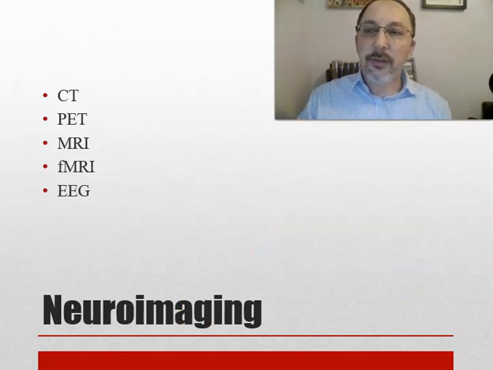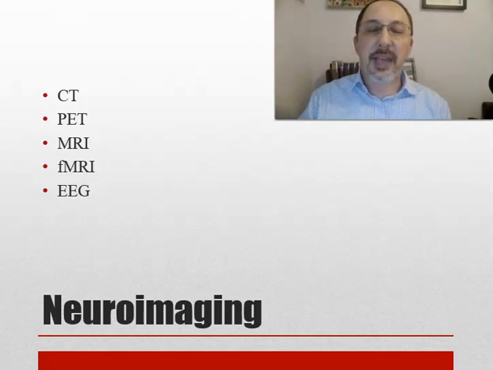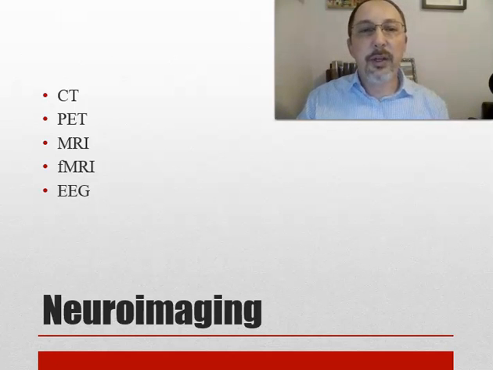How we know things is through neuroimaging. CT is like an X-ray of the brain, and what you have is basically slices. It's also known as a CAT scan. So you can see different areas of the brain in pretty good resolution. PET is positron emission tomography, and what this is doing is using a radioactive substance to see where things are active in your brain.